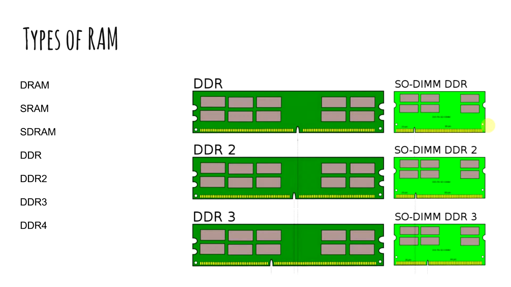Now, there are different types of RAM. On the screen here you can see that there's DRAM, SRAM, SDRAM, DDR, DDR2, DDR3, and DDR4.